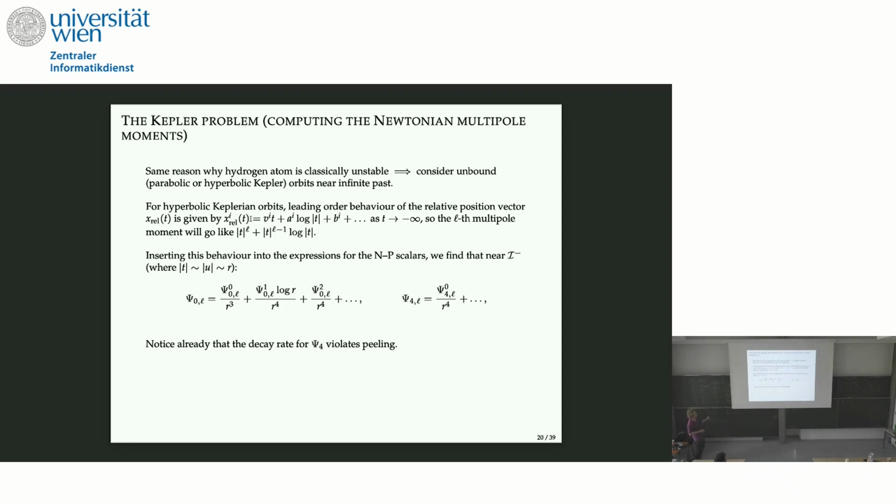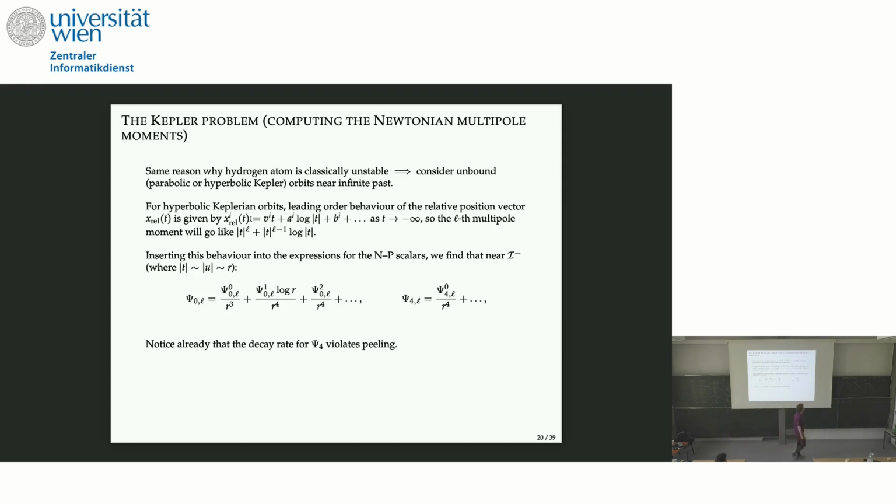Now, for L equals 2, these results have also been known for a long time in the physics literature. Walker and Will argued for this in 1973, I think. And you may notice already that the decay rate for psi4 violates peeling near the infinite past. But that's not really something that's super concerning, because no one ever argued for peeling in the past anyway. So that is basically the generation problem.